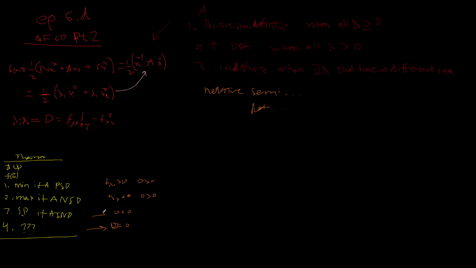These are equivalent definitions for the second derivative test, and this is a richer way of talking about it in terms of a property of the matrix that forms this quadratic form.